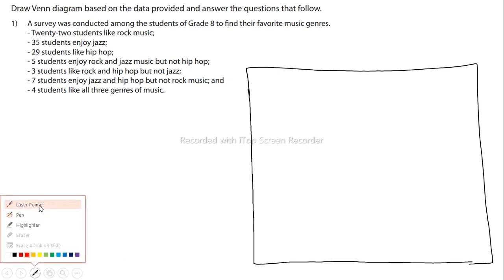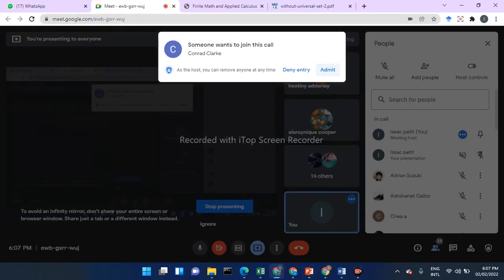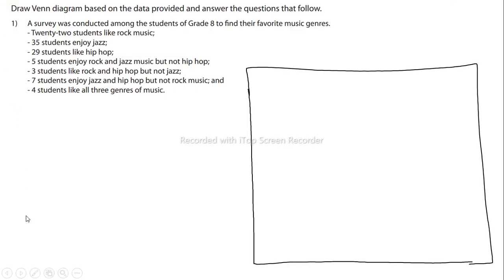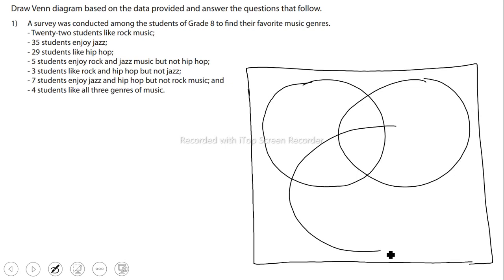So we know it's going to be 3 circles. 1, 2, and 3. We know that you're going to have some for rock music.